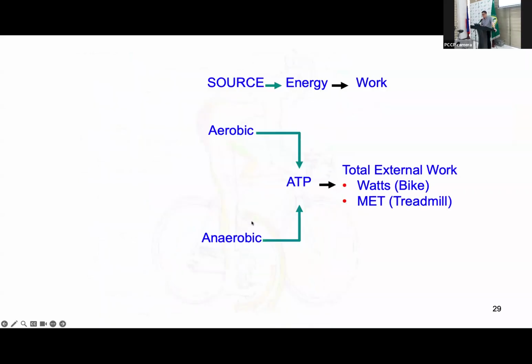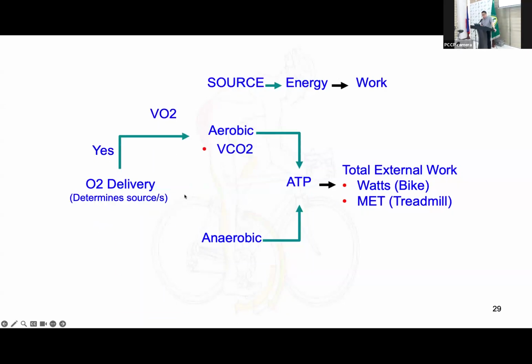The source of energy when we exercise, which we measure in watts, is ATP, and it may come from either aerobic or anaerobic metabolism. What will determine if you're going to use aerobic or anaerobic metabolism will be the O2 delivery to your muscles. If the O2 delivery is adequate, you're going to use aerobic metabolism.